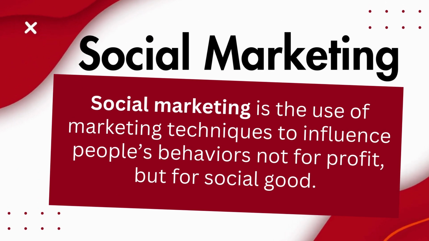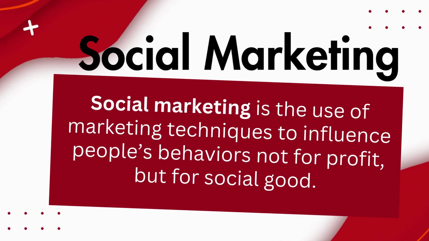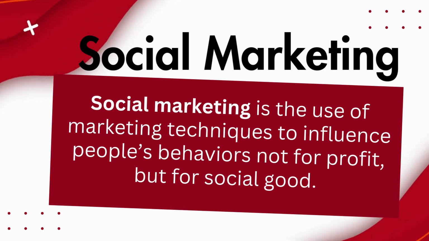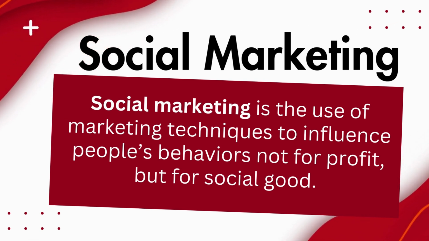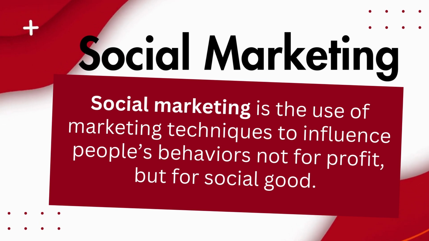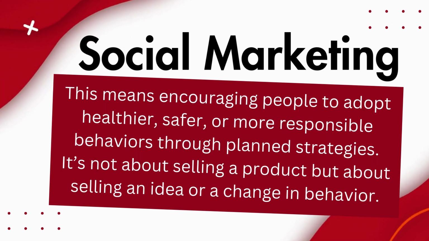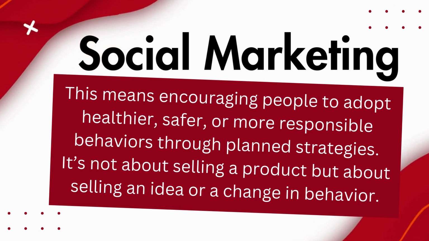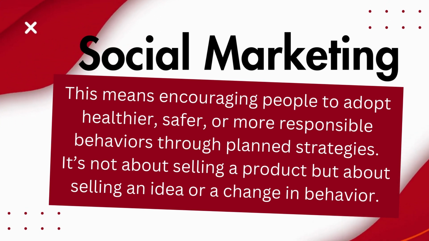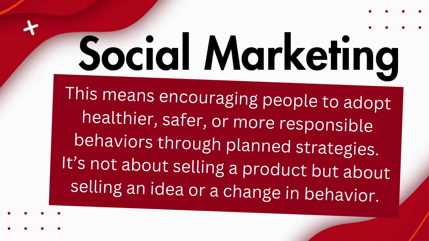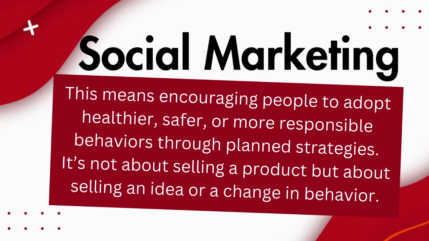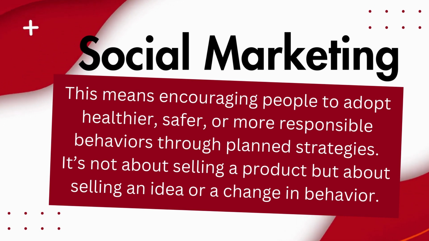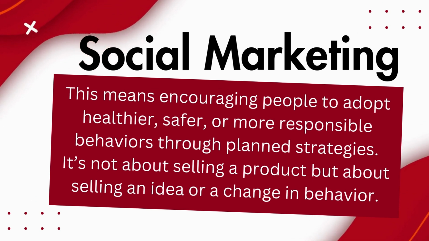Now, social marketing is defined as the use of marketing techniques to influence people's behaviors, not for profit, but for social good. This means encouraging people to adopt healthier, safer, and more responsible behaviors through planned strategy. It's not about selling a product, but about selling an idea or a change in behavior.